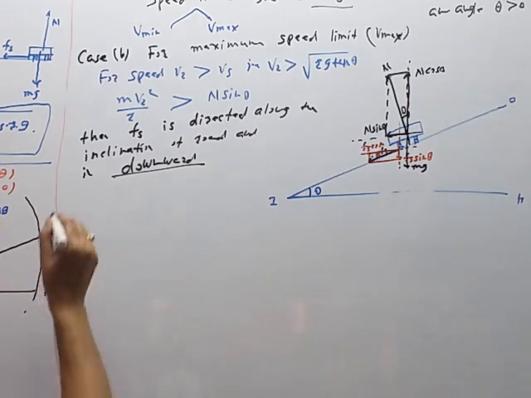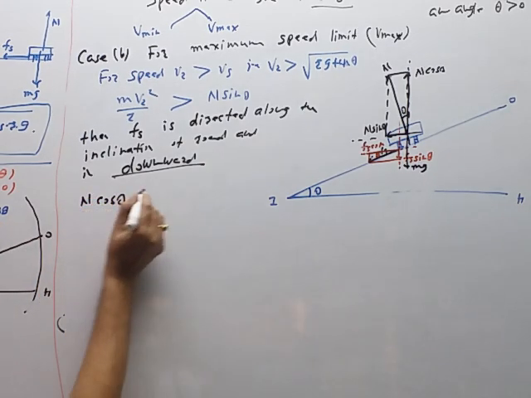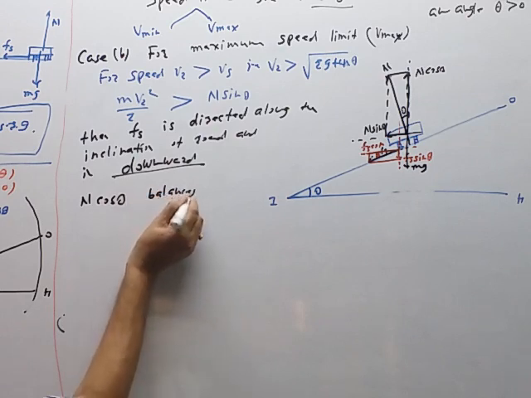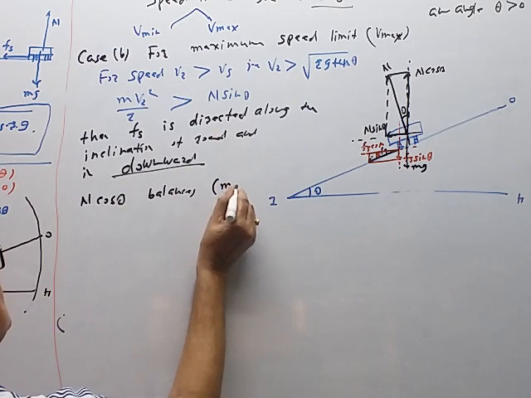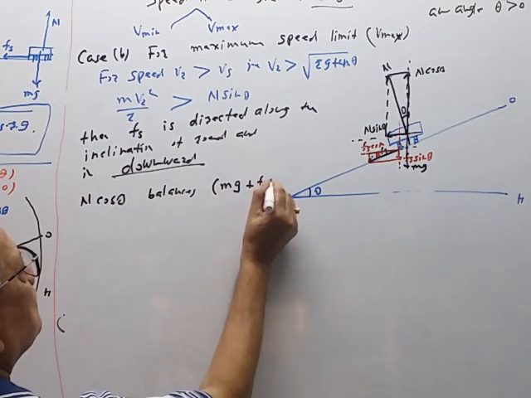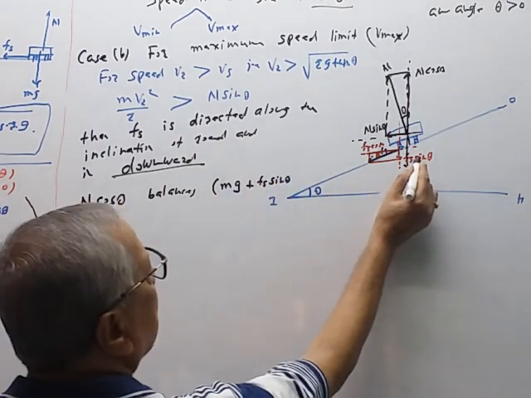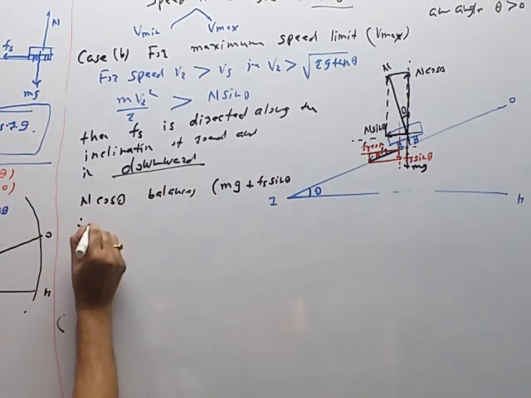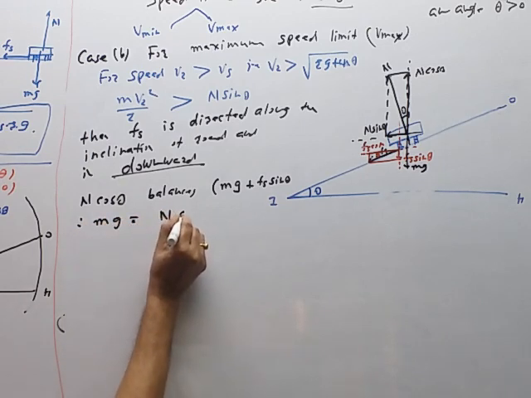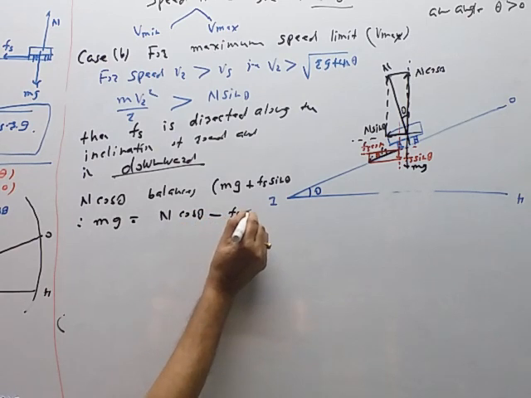So n cos theta vertically upward balances mg plus Fs sin theta. Therefore, mg is equal to n cos theta minus Fs sin theta.